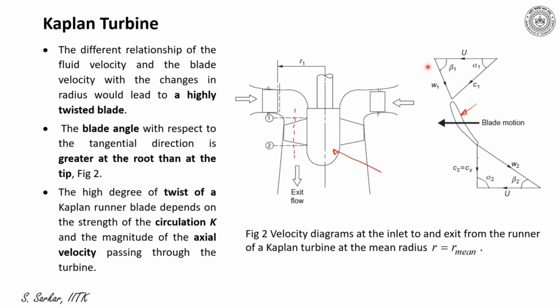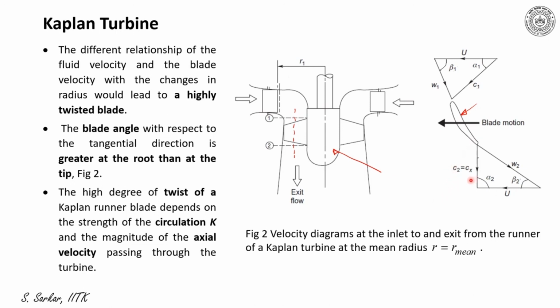And here both beta 1 and alpha 1 are measured with respect to the peripheral direction, and at exit W2 is the relative velocity and C2 is the absolute velocity. Thus W2 plus U would lead to C2.